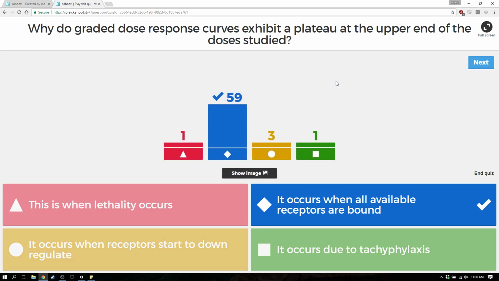Right, so remember on those graded dose response curves, that's where you're seeing basically that plateau happens when all the receptors end up being bound, and increasing the dose any further just means that you have extra drug floating around. It doesn't mean they're going to be interacting with any more receptors.